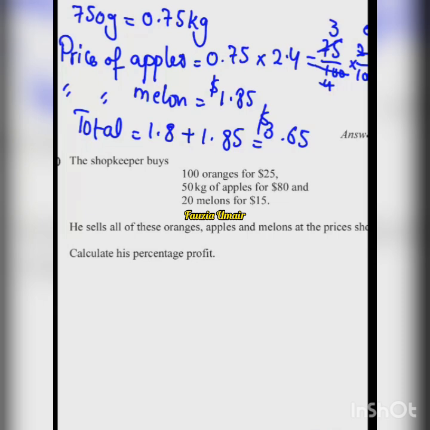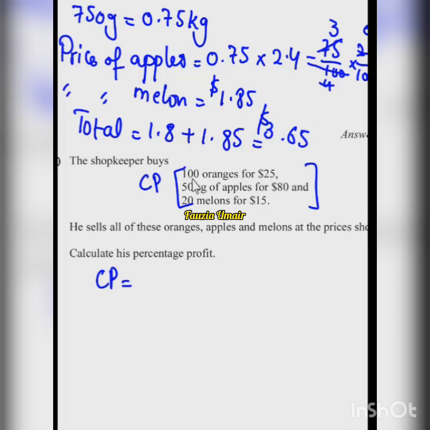Yes, ma'am. Right? So we have two things. The amount given in this part is basically the cost price, and the amount in the table above is the sale price. We will calculate the cost price first, how much he spent while purchasing those fruits.